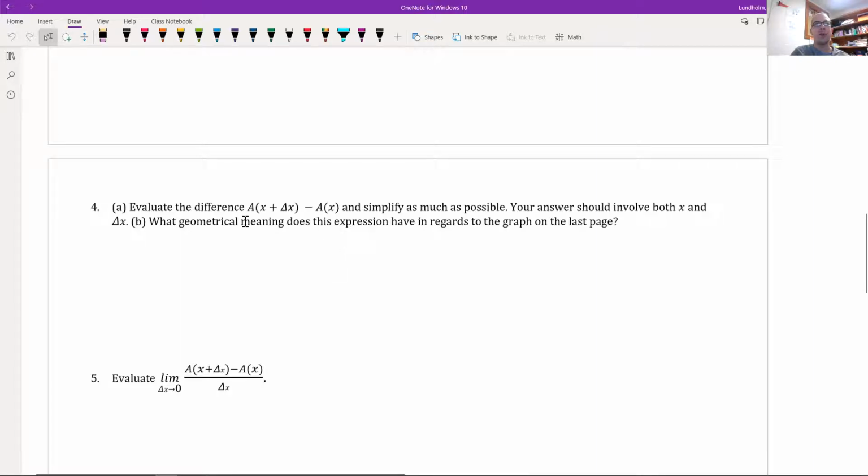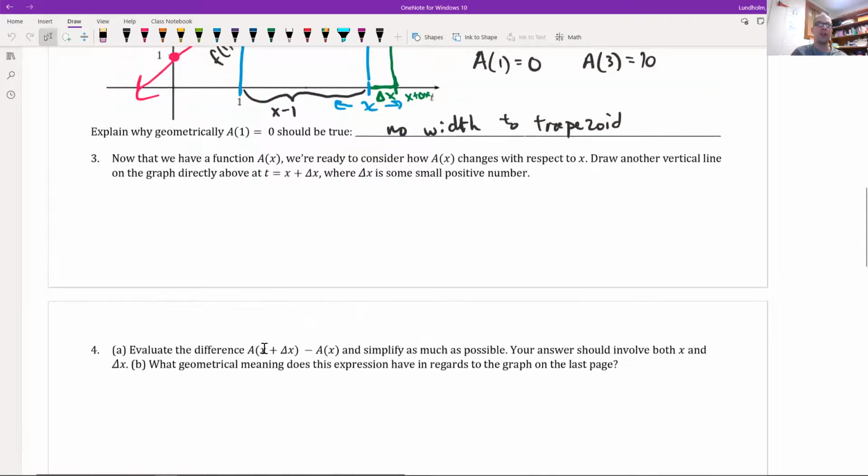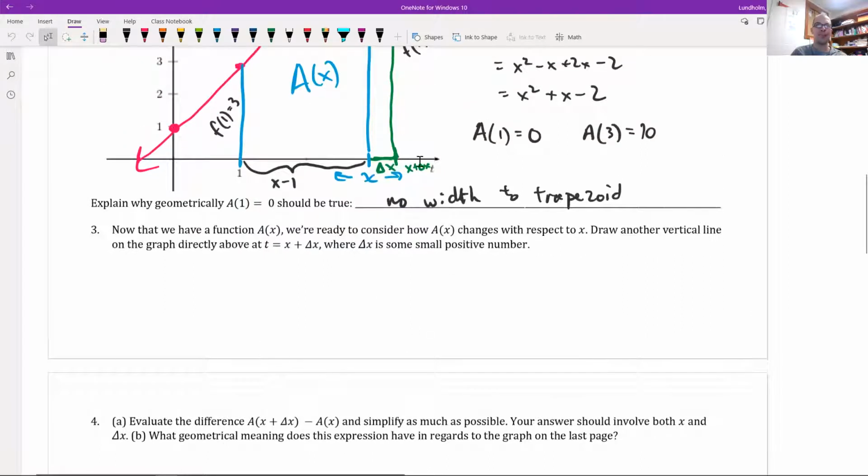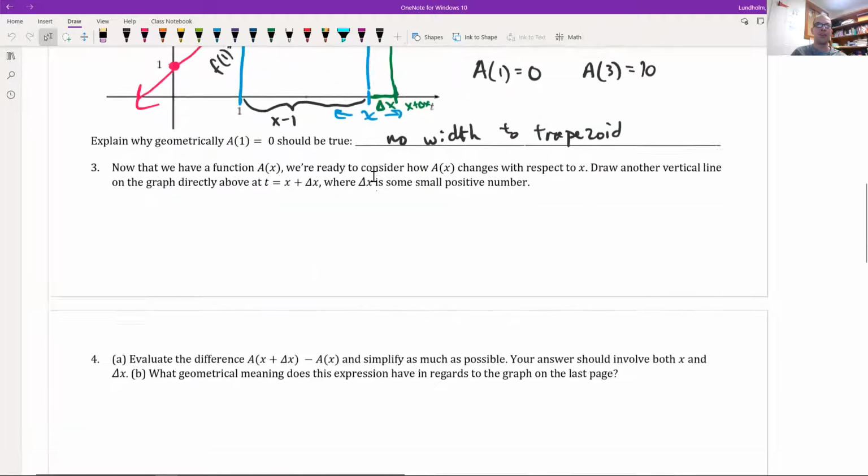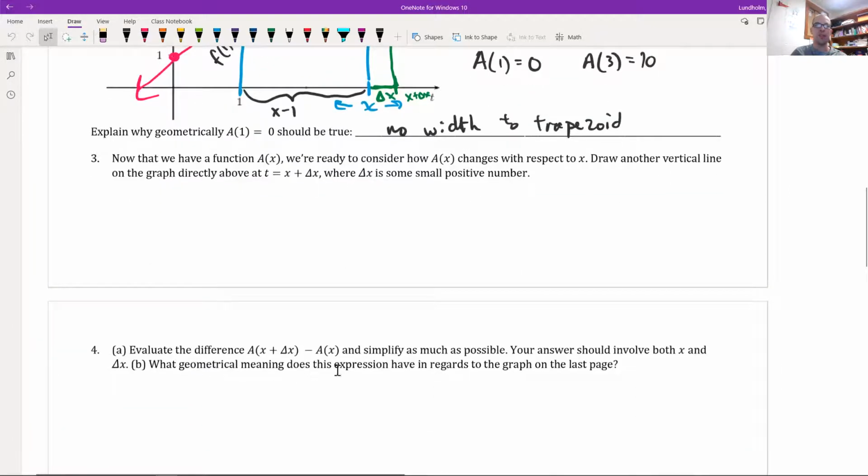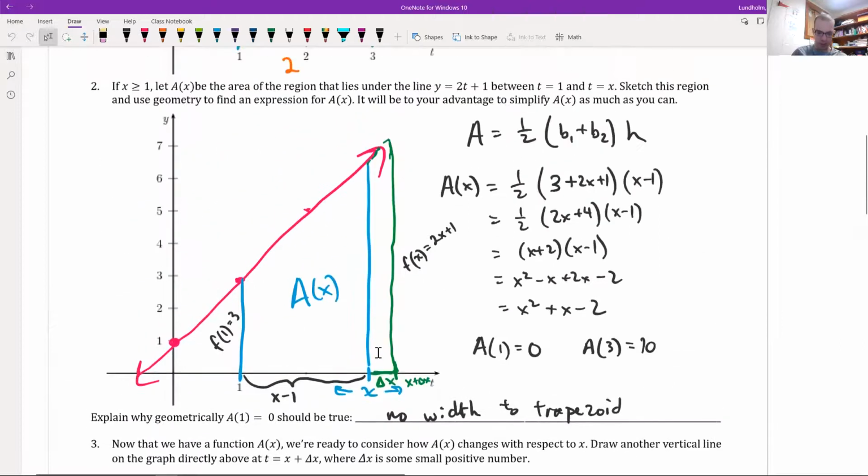And think about what geometrical meaning this difference has in regards to the graph on the last page. If we look at the area function evaluated at X plus delta X, and we subtract off the area function just evaluated at X, I'm going to do part B first. The geometrical meaning is just going to be this part.